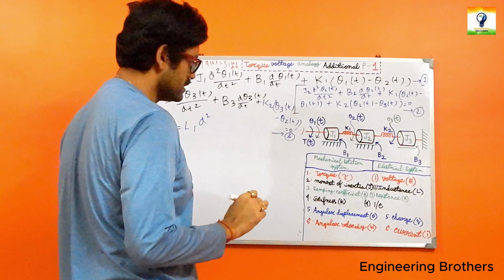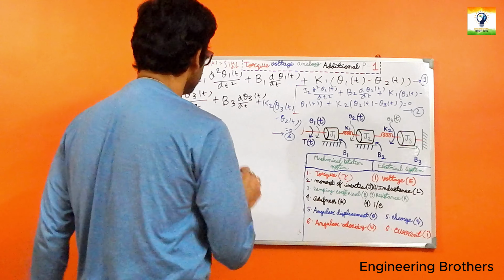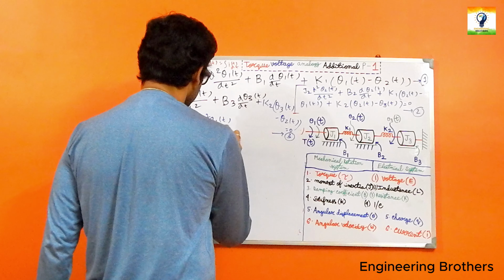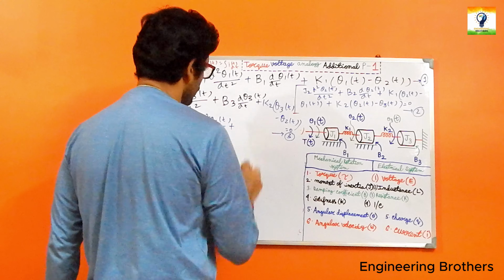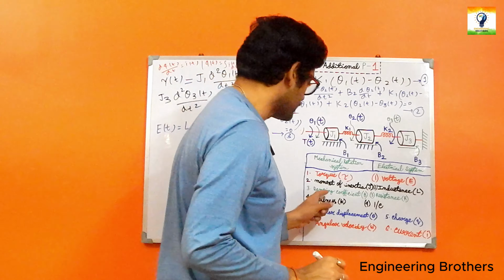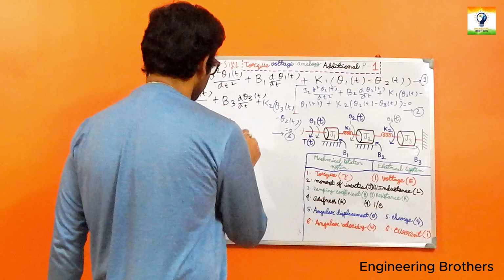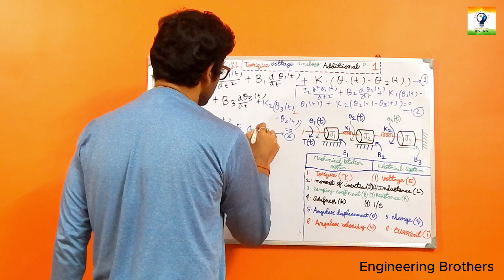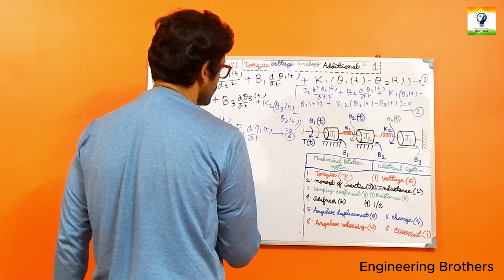D2 theta, which means our charge, is d2 q1(t) divided by dt2, plus B1, which is analogous with our resistance R1, so this one is R1 d/dt of q1(t).